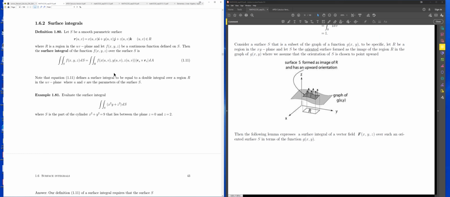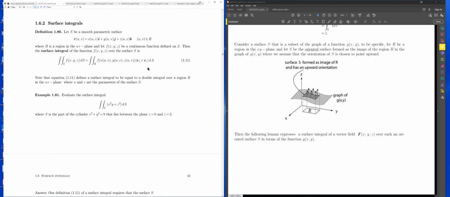Let's recall the surface integral of a function, not a vector field, but a function that we saw previously. We have two ways to calculate it based on the type of surface. If the surface S is a parametric surface, then you would use this formula here with the Ru cross Rv.